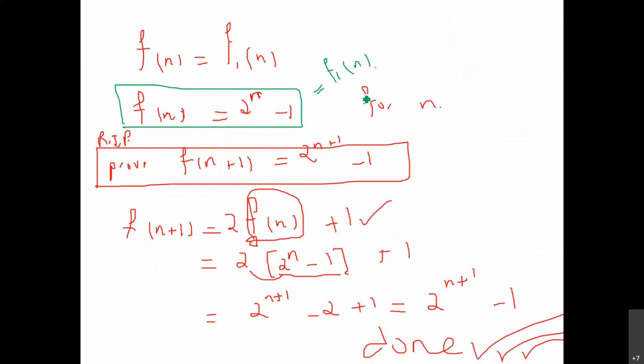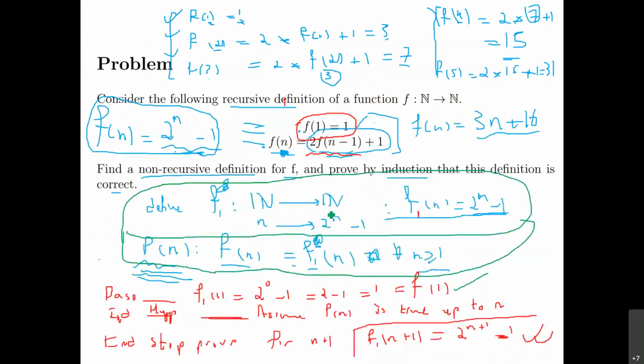Now we just want to prove that f of n plus 1 does equal f1 of n plus 1, which is this. To do that, we applied the definition of f that they gave us. This thing right here: 2 times the previous plus 1.